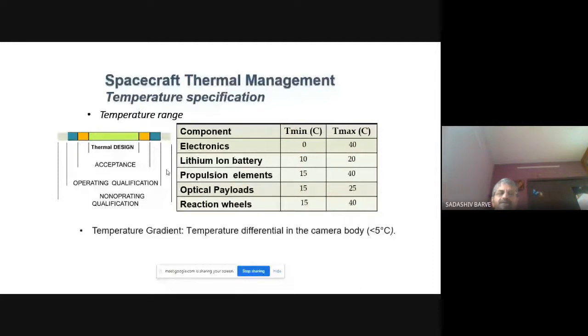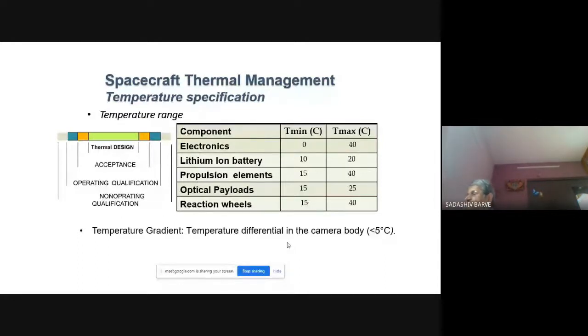Now, in the case of a camera, one thing I told you is the temperature range. Another thing is the temperature gradient: at any given instant of time, delta T among the different elements of that camera should not exceed 5 degrees. In fact, this is the old configuration. Nowadays, they keep this range as low as 2 degrees.